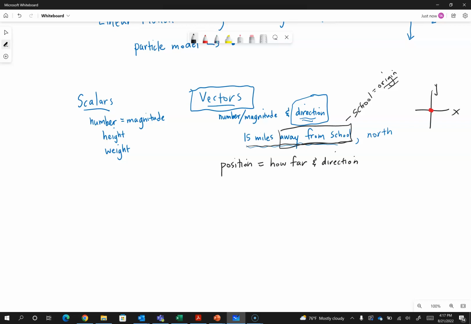position. Now, our author, in terms of variables, uses an S to represent position, to represent that it has a direction associated with it as well. We often put a half arrow above the letter to represent that it has a direction associated with it.